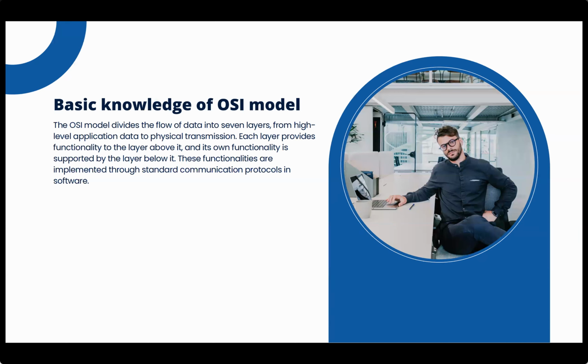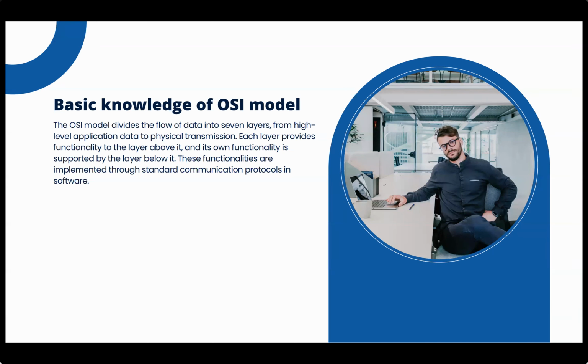What is the OSI model? The OSI model divides the flow of data into 7 layers, from high-level application data to physical transmission.